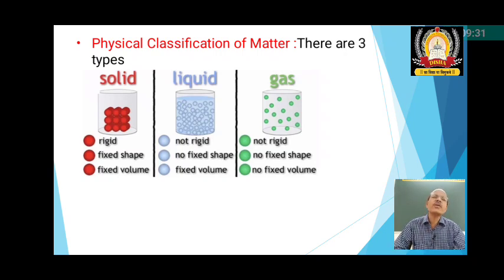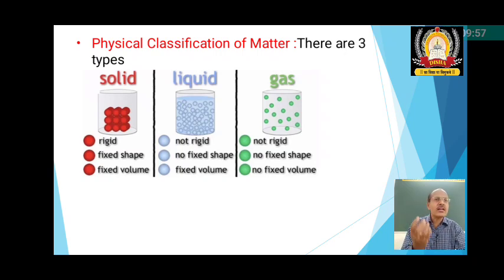Then what is the difference between gas and vapors? That question arises. So here a small difference is there between the gas and the vapors. If the substance exists as a liquid at room temperature and when it is heated and enters into the gaseous state, then instead of gas we say vapors of that substance.